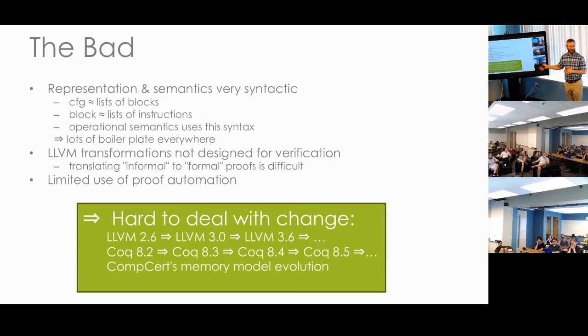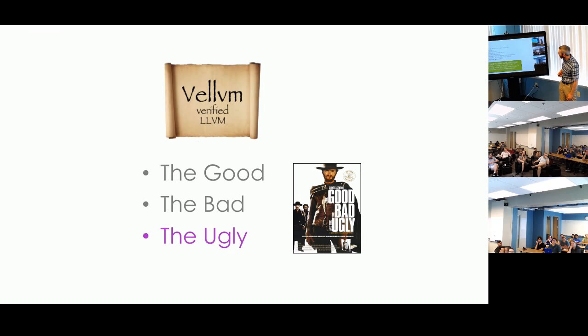I believe when we started this, the type class support in Coq was not very good, and LLVM itself, our original version was for LLVM 2.6, which is quite out of date by now. So creating this monolithic code base was great for a prototype and demonstration of possibility, but not good if you really want it to be useful over time. I think that is actually the worst thing.